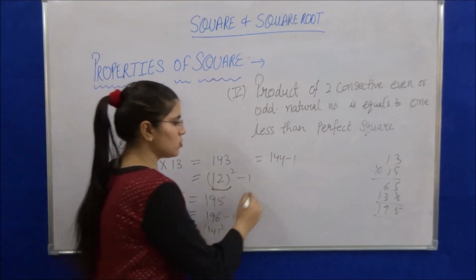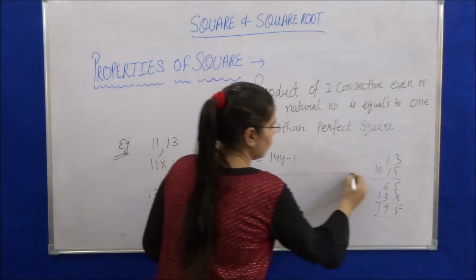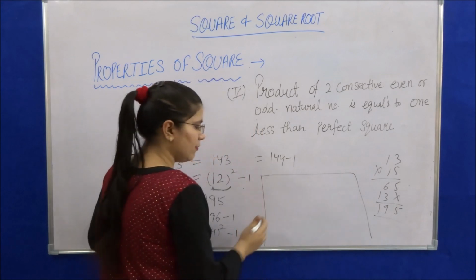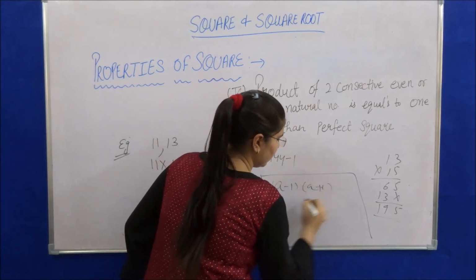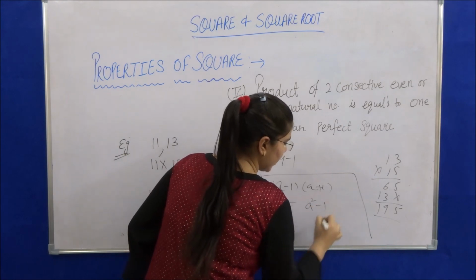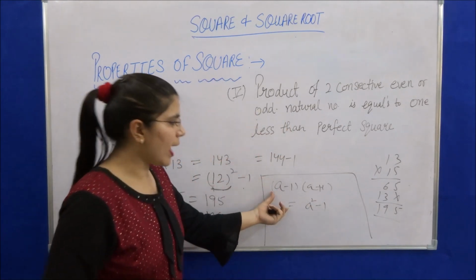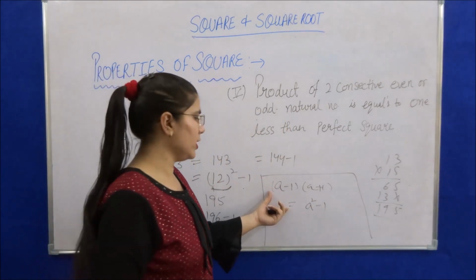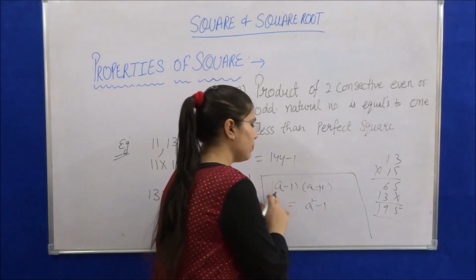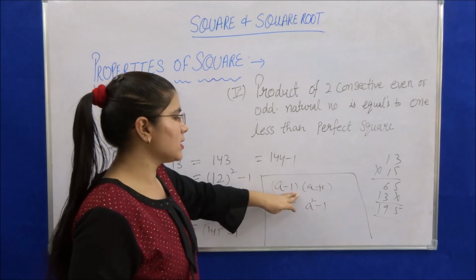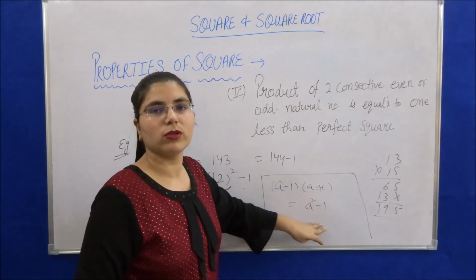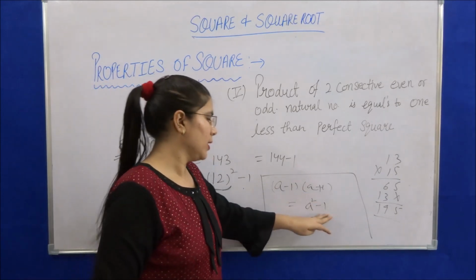So in these two examples, we can generate a formula, that is a minus 1 into a plus 1 is equal to a square minus 1. If we look at this identity carefully, then we can remember an identity of algebra, that was a minus b into a plus b equal to a square minus b square.